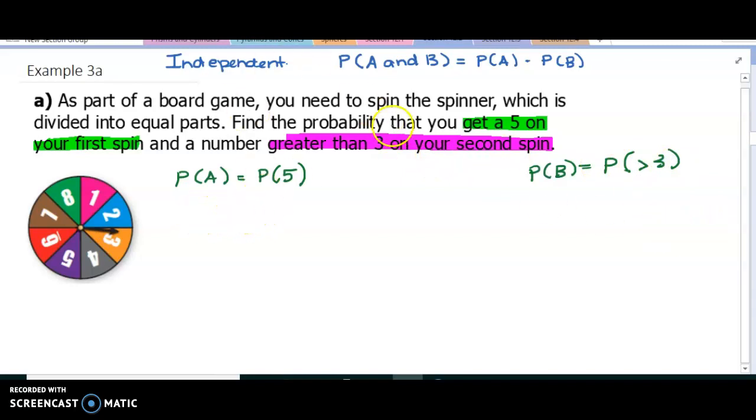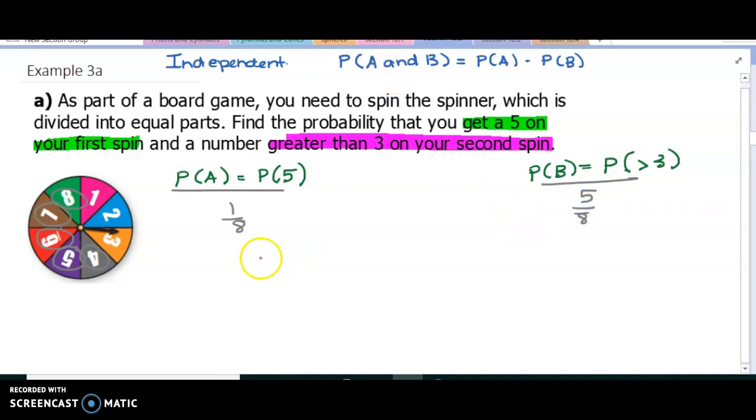If I do these separately, the probability of us getting a 5: there's 1 five and there's 8 total sections, so this would just be 1 out of 8. The probability of us getting a number more than 3 would be if we got a 4 or a 5 or a 6 or a 7 or an 8. Well, that's 5 out of 8.